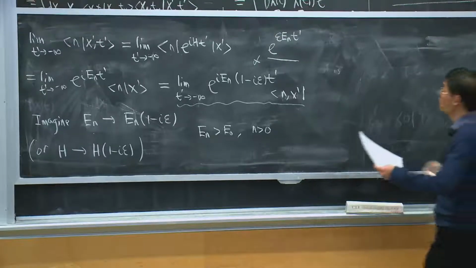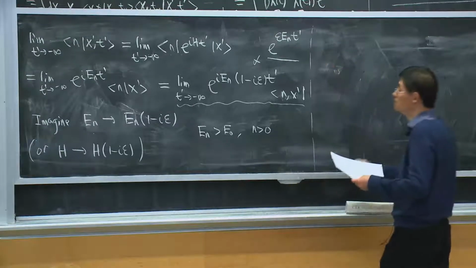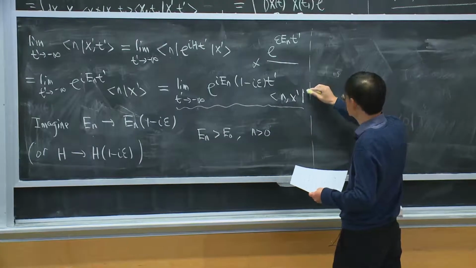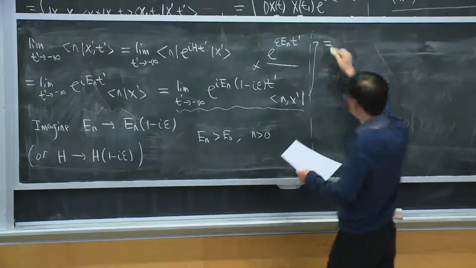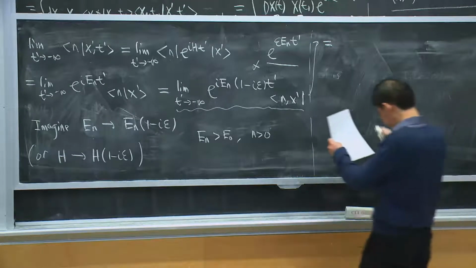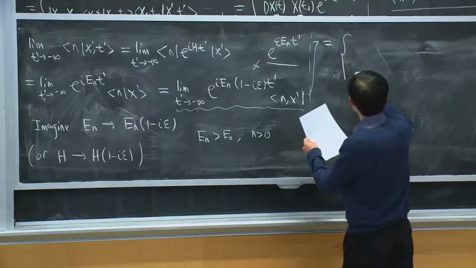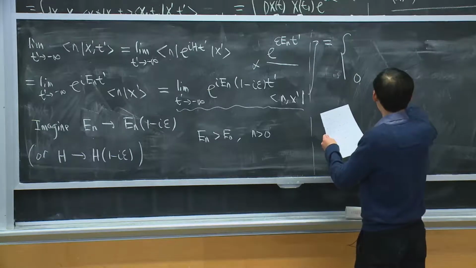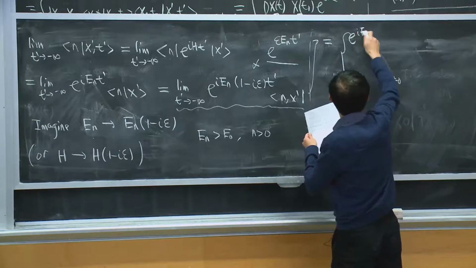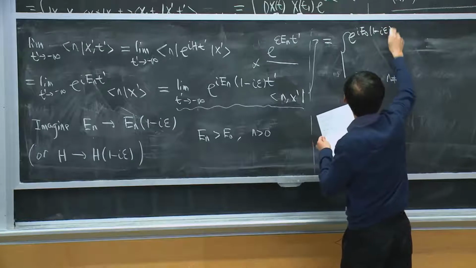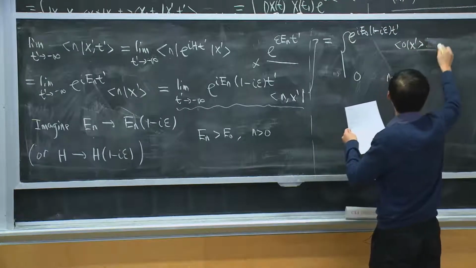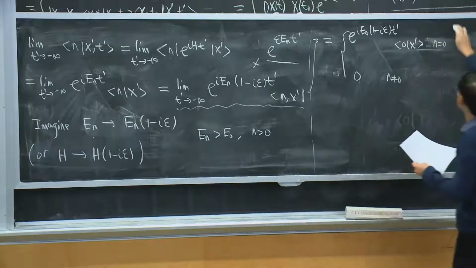So this means we get essentially 0 for n not equal to 0, and for n equal to 0 we keep the exponential of iE0(1 − iε)t prime.